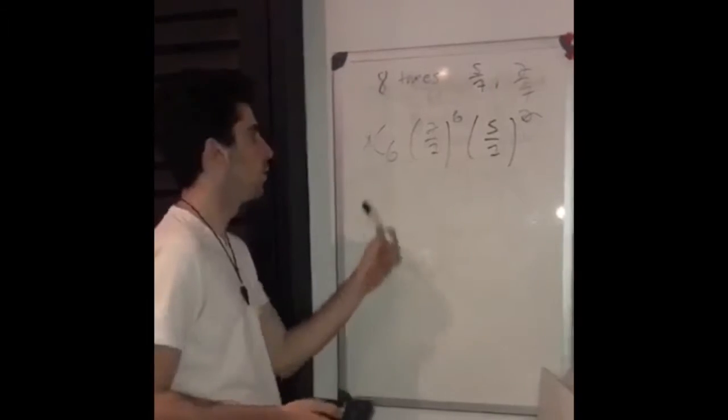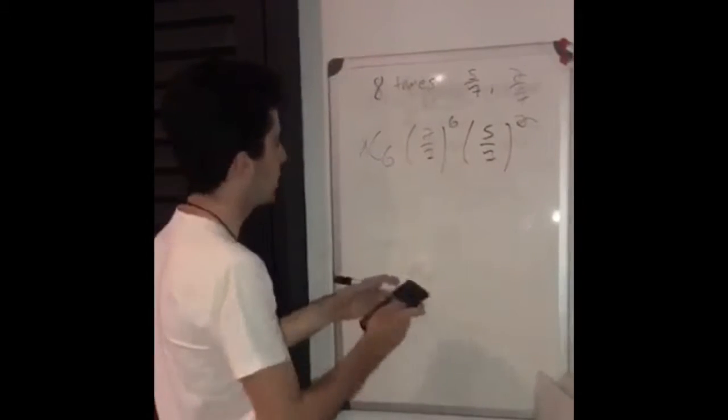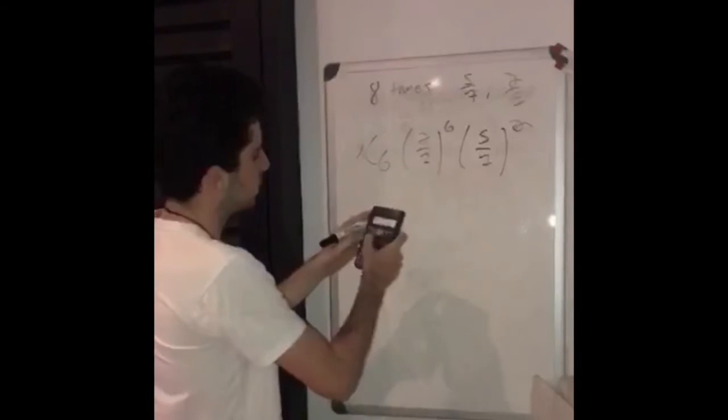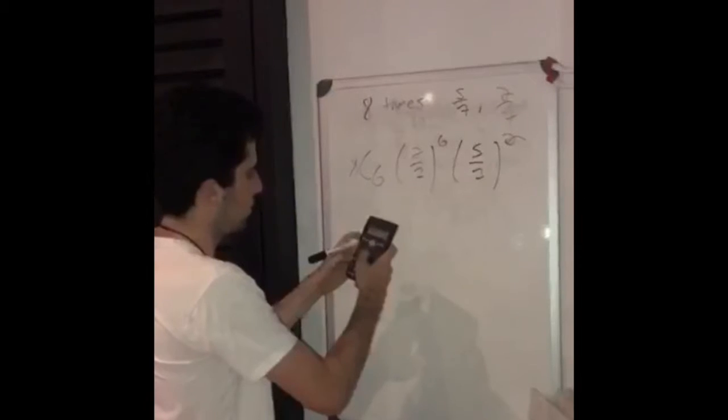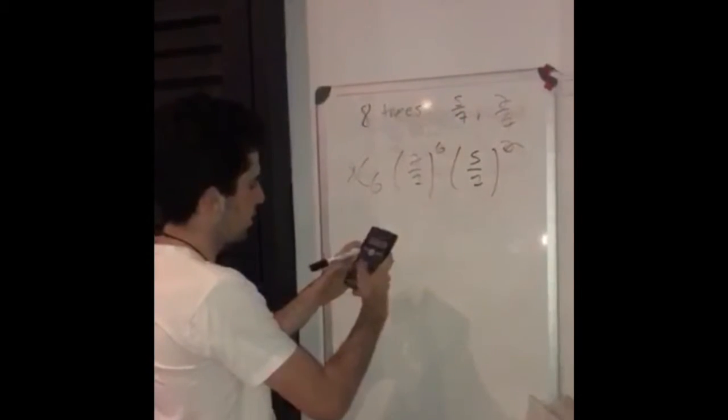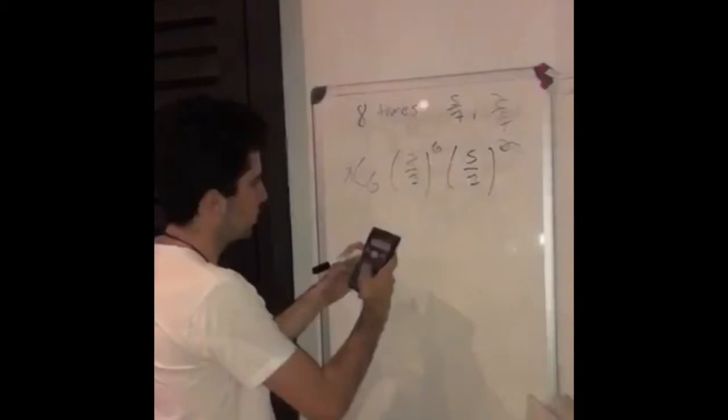If we run this with the calculator, it will be 8c6 times 2 divided by 7 to the power of 6 times 5 divided by 7 to the power of 2.